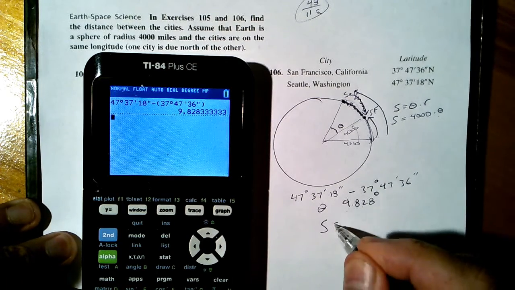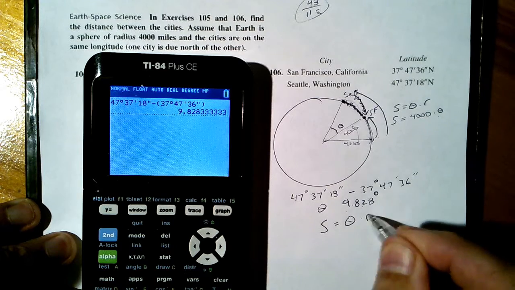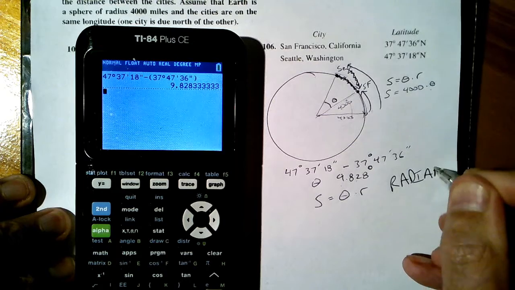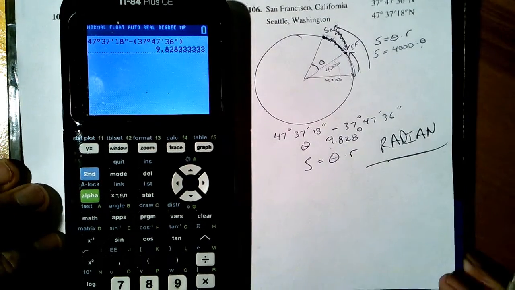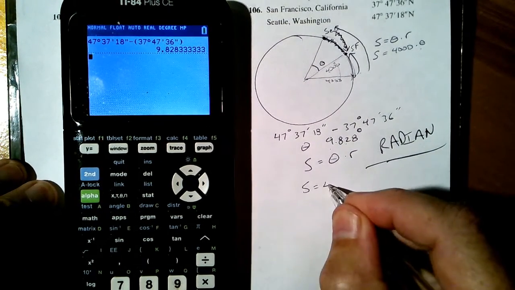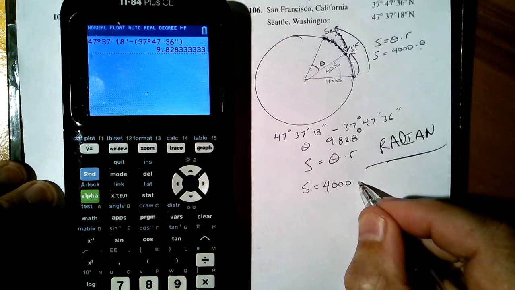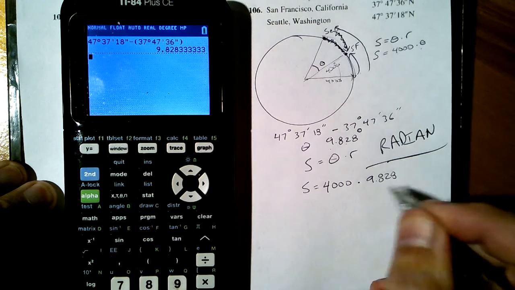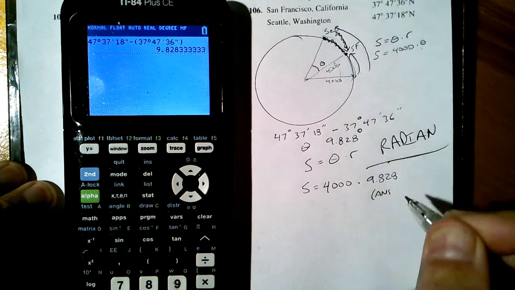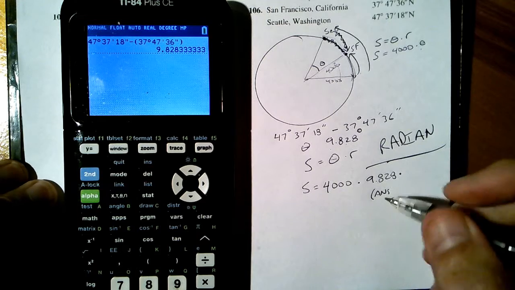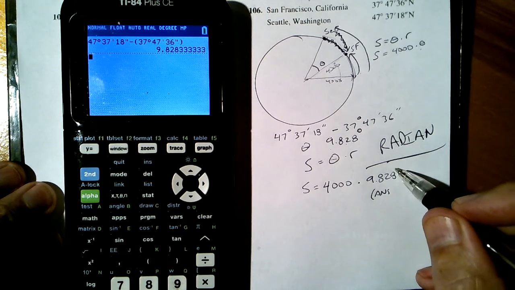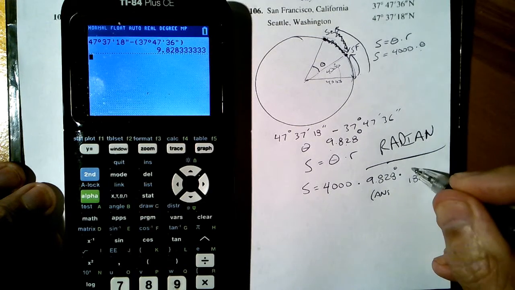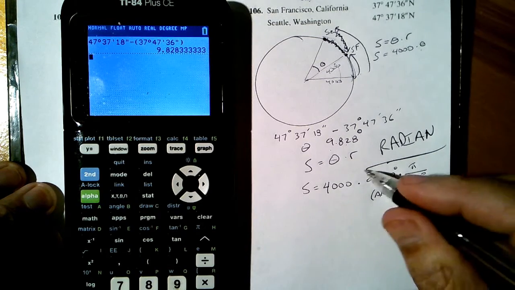And we're going to use S equals theta times R, but that is a radian-based problem. So I get S equals radius 4,000 times 9.828, that is a degree measure. I need to cancel degrees, and I need to introduce radians right here.